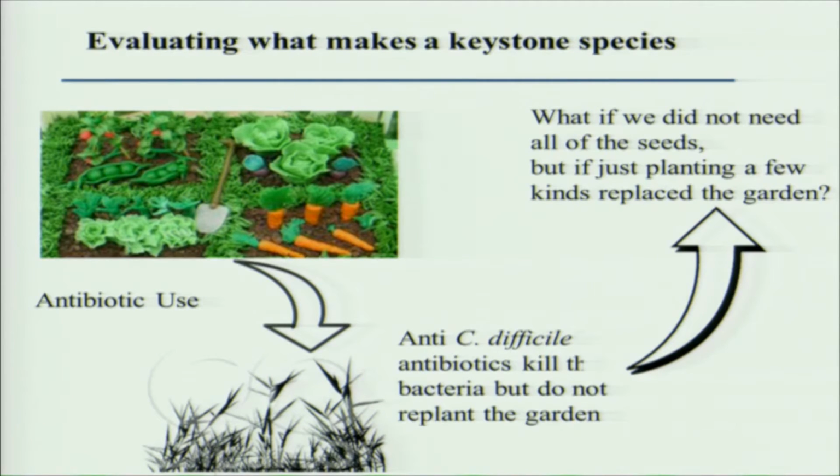We then use vancomycin, fidaxomicin, Flagyl to kill those weeds. So we're giving it a weed killer, but we're not replanting the garden. You can imagine how somebody can enter that cycle of dysbiosis by having repeated weed killers given to their garden, but not replanting.